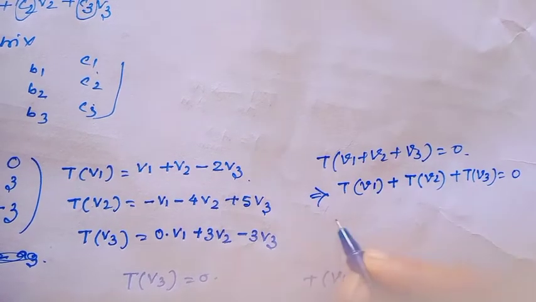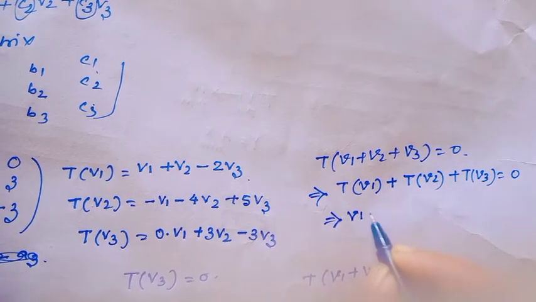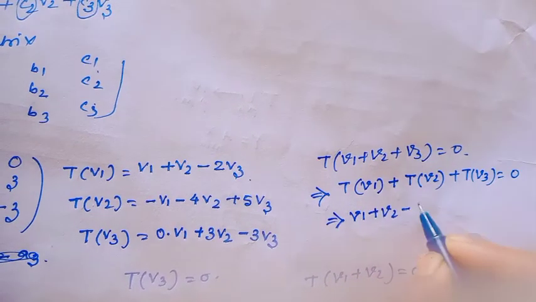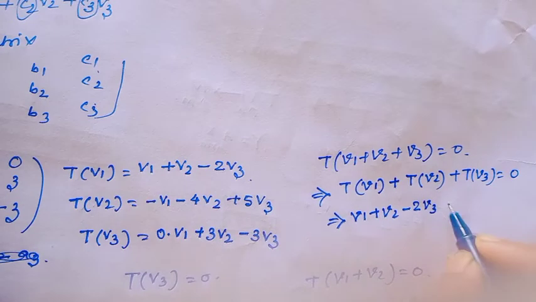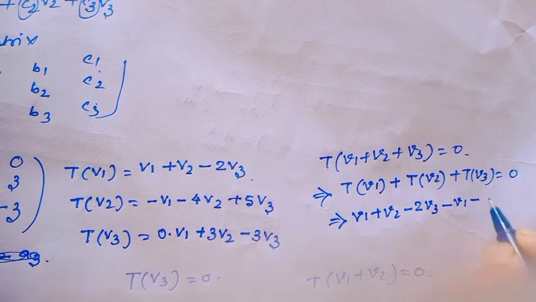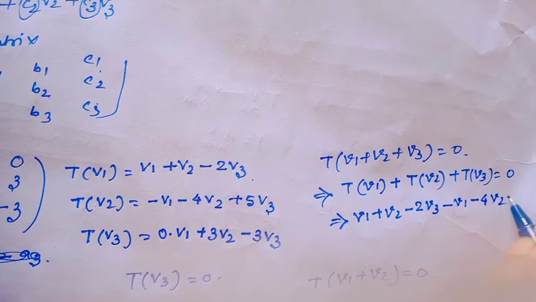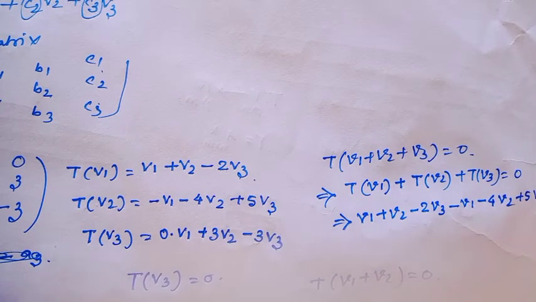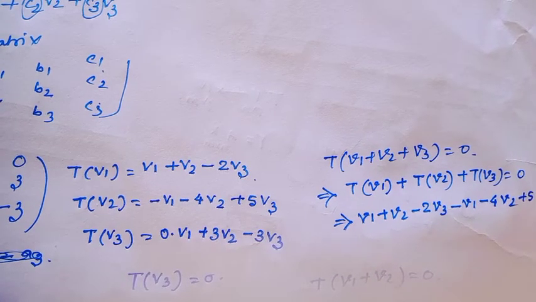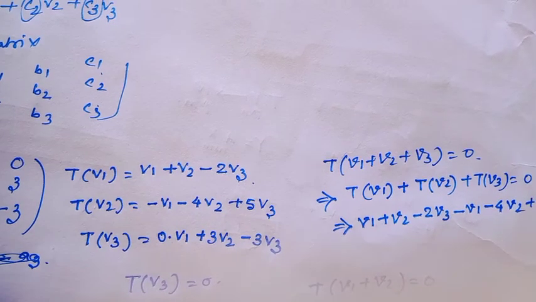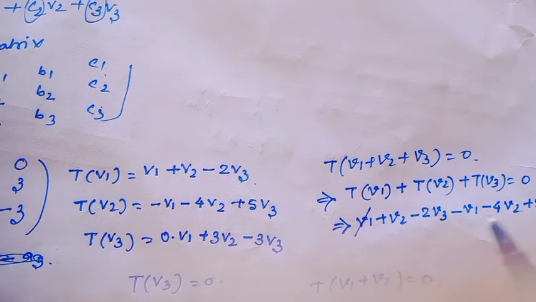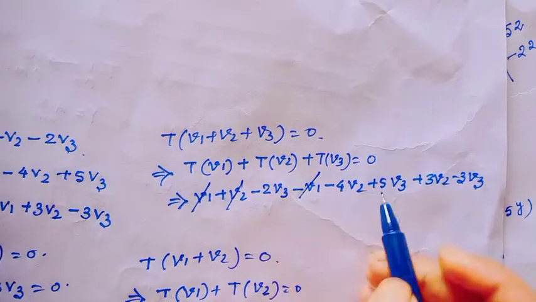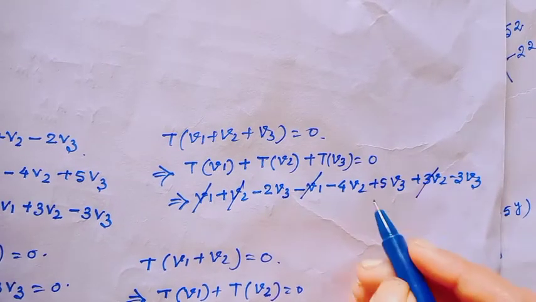Now put in the values: v1 plus v2 minus 2v3 minus v1 minus 4v2 plus 5v3 plus 3v2 minus 3v3. Now calculate this part. Obviously all terms cancel out.